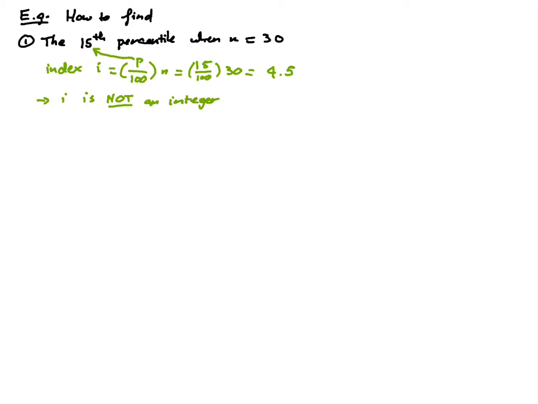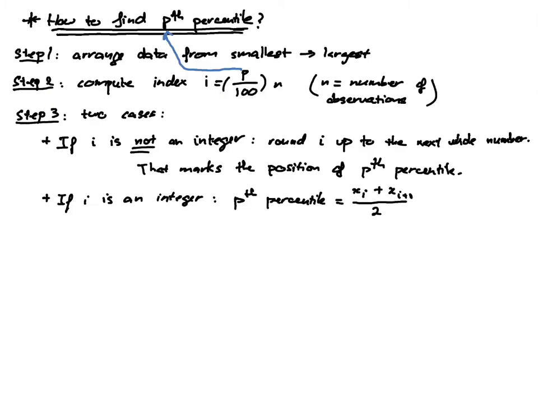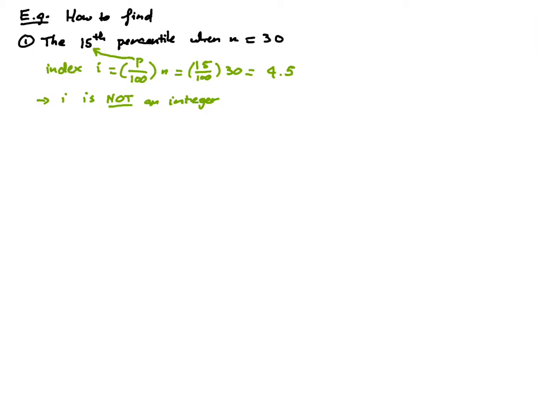So if I is not an integer, what are we gonna do? Let's go back to our procedure. If I is not an integer, then you round it up to the next whole number. So you round up to 5.